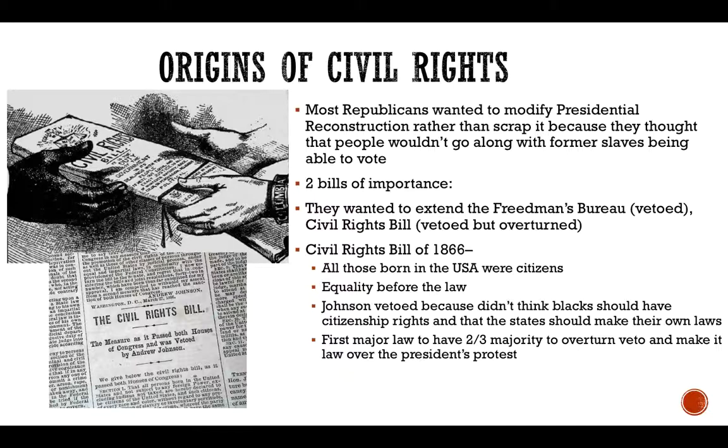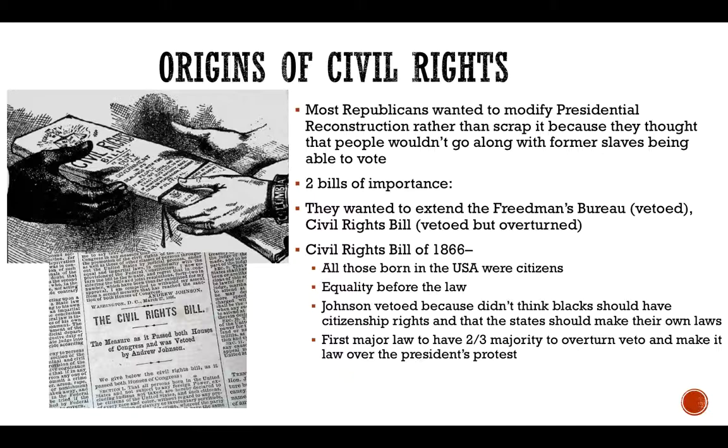The Civil Rights Bill of 1866 stated that all those born in the United States were citizens, there was equality before the law, and Johnson vetoed this because he didn't think that black men should have citizenship rights, and he believed that the states should make their own laws with this. This was the first major law to have the 2/3 majority to overturn the presidential veto and make it into law over the president's protest.